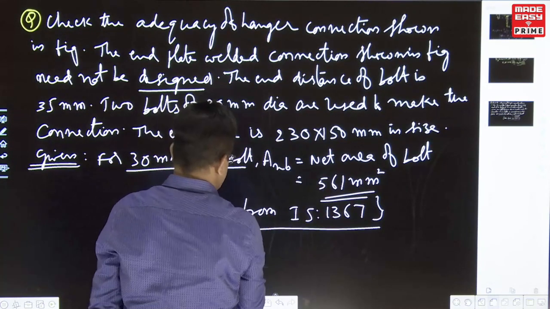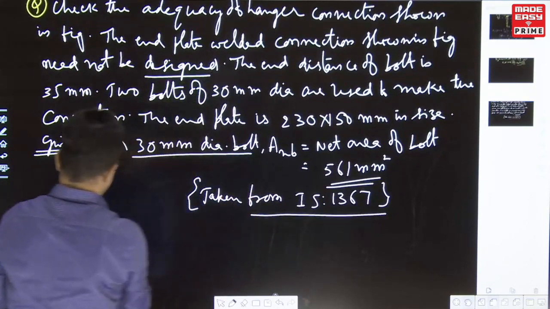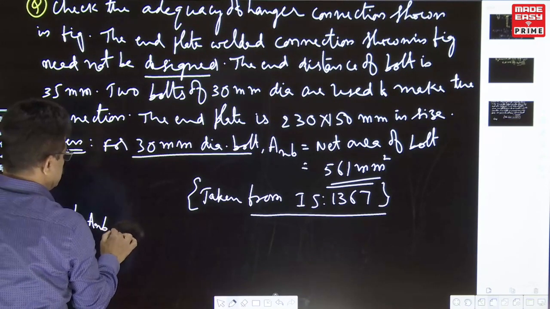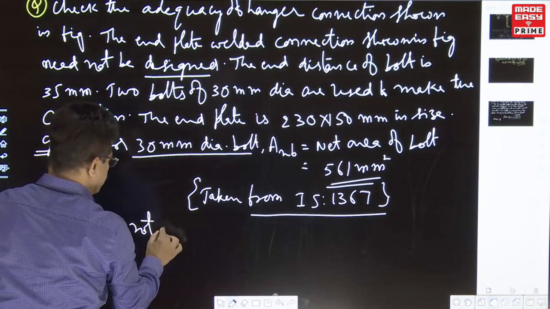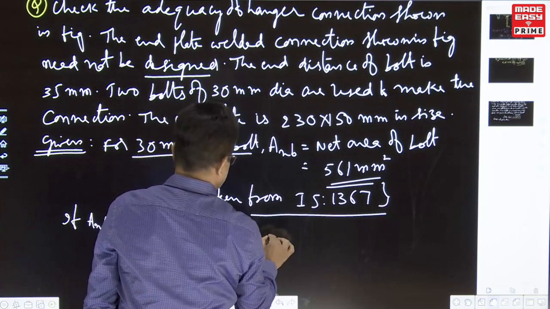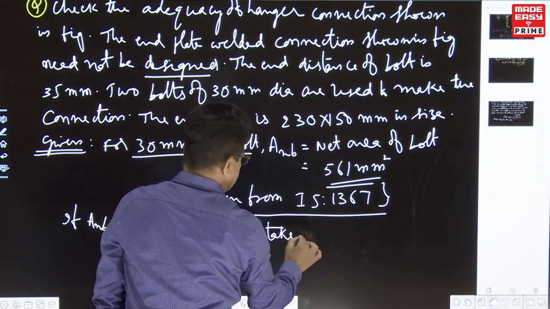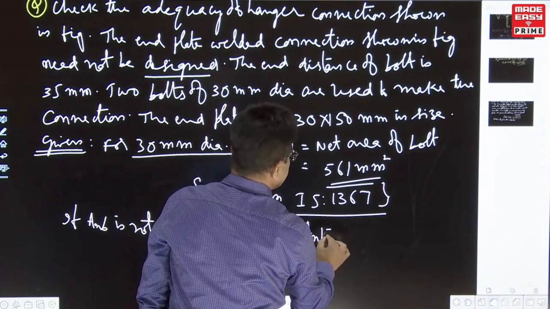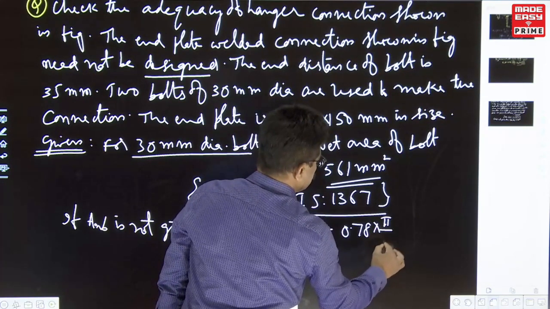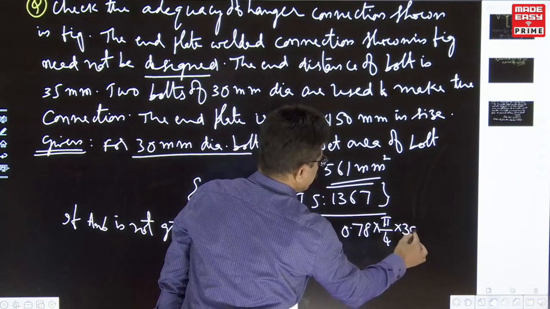If A and B is not given as 561, then take A and B is equal to net area 0.78 into pi by 4 into 30 square.